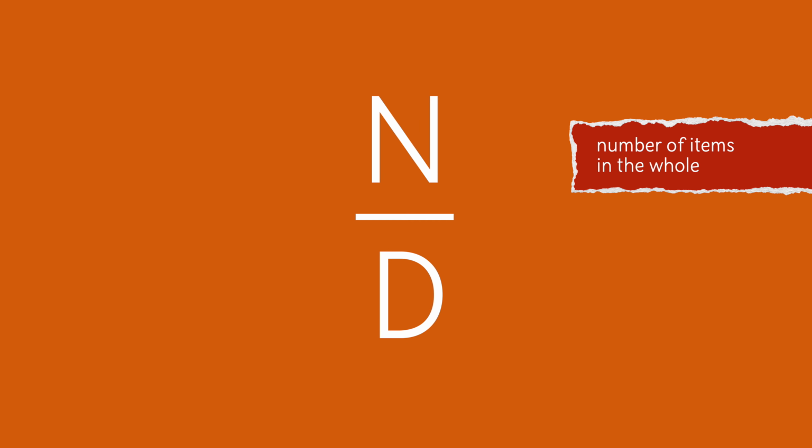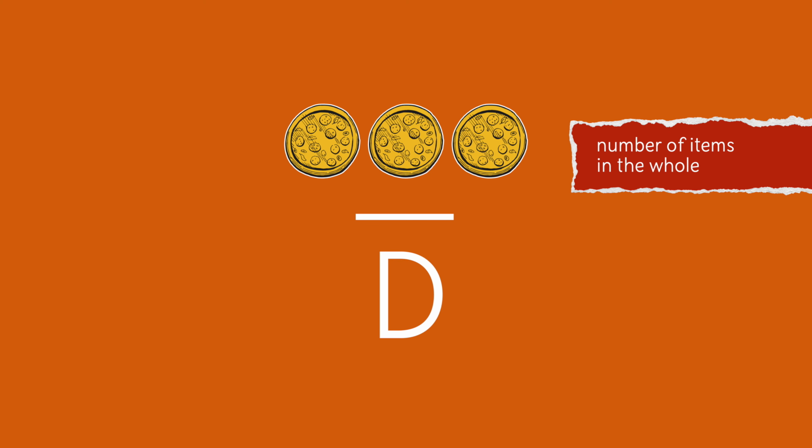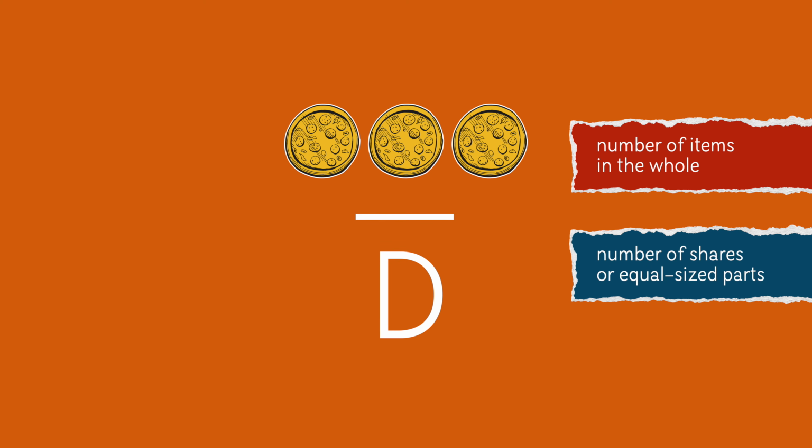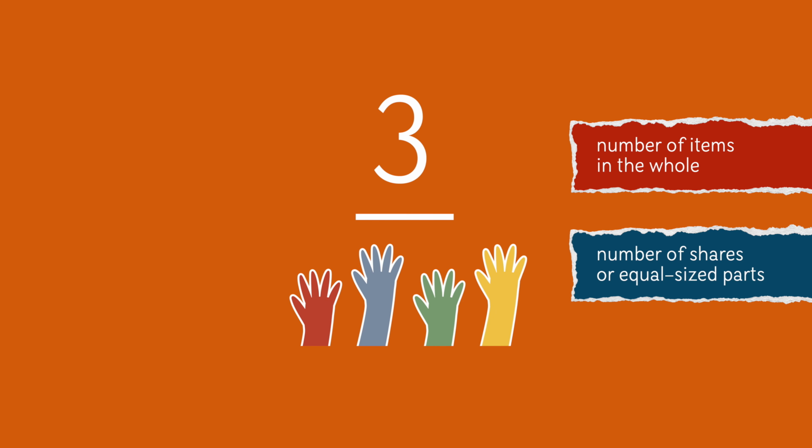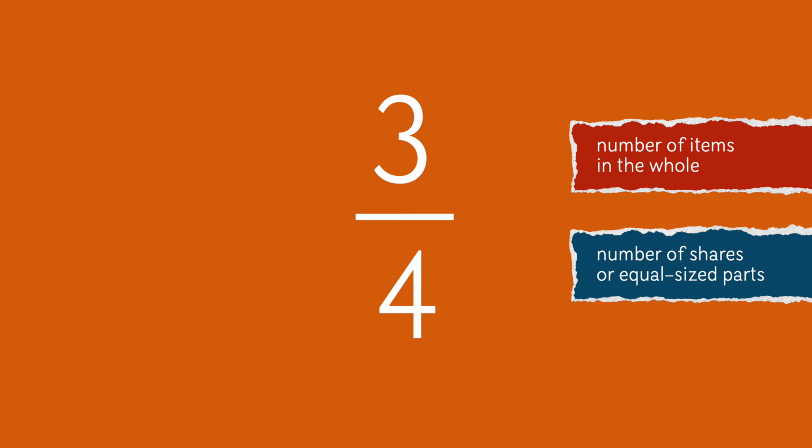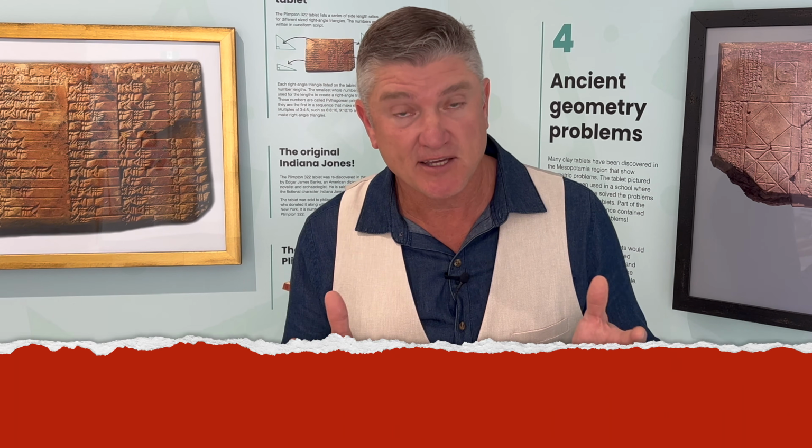In this interpretation, the numerator is the number of items in the whole, in this case 3 pizzas, and the denominator is the number of shares or equal sized parts. So 3 divided by 4 is simply 3/4. The answer is right in front of you. Pictorial exercises such as this will help students develop this thinking.